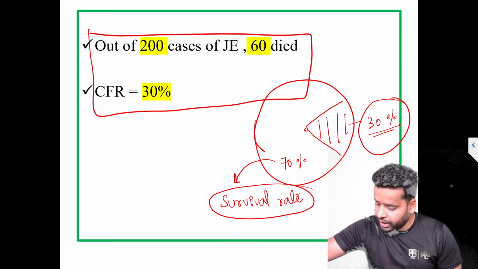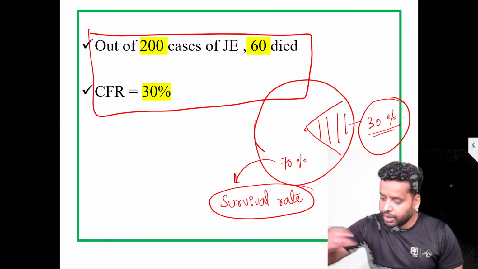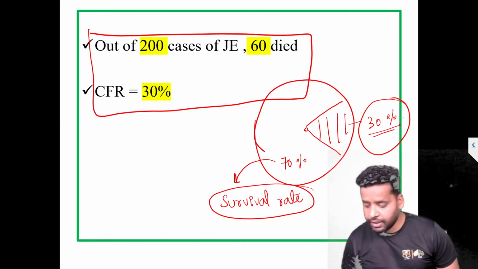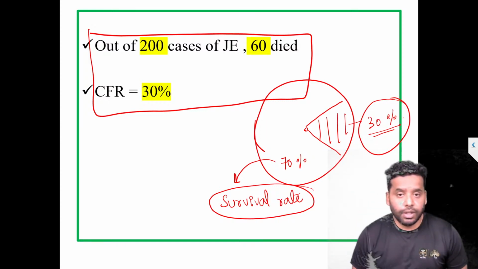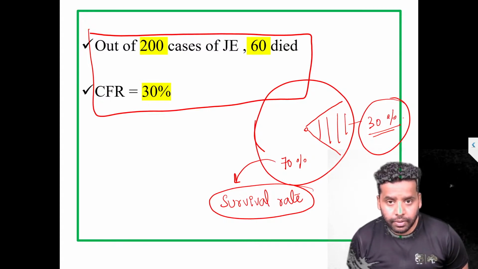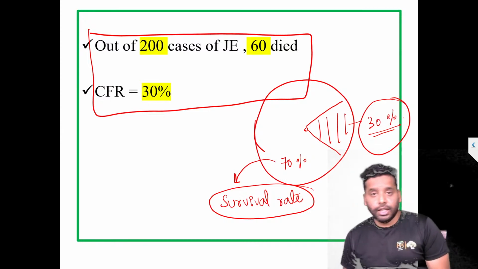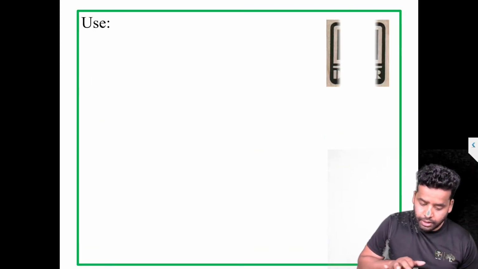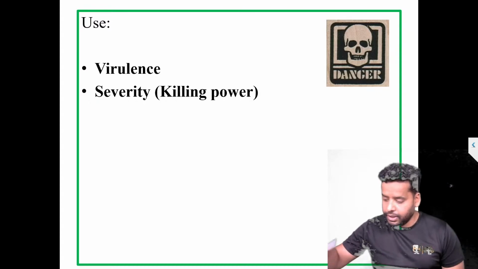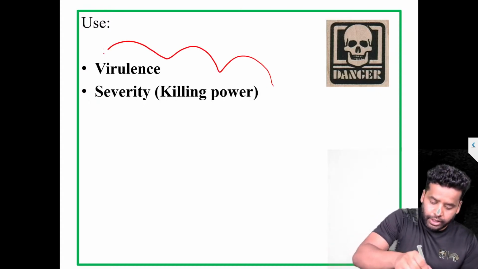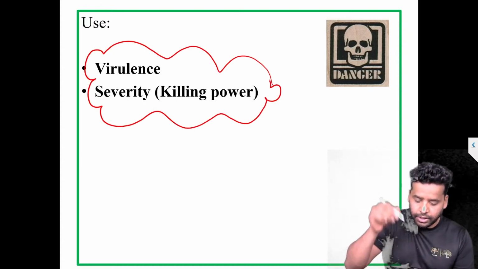Tell me the uses of case fatality rate. Like we have discussed the use of proportional mortality rates, tell me the uses of case fatality rates. Severity of a disease. Virulence of an agent. Killing power of a disease.